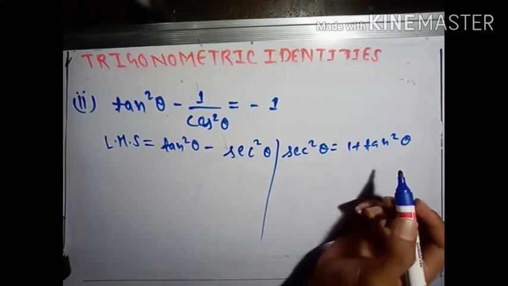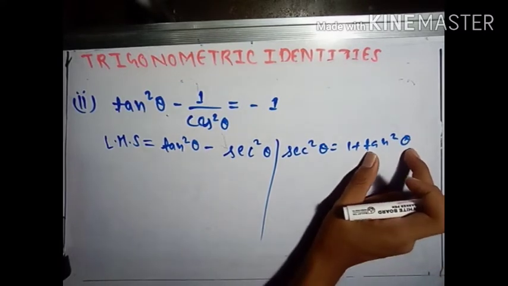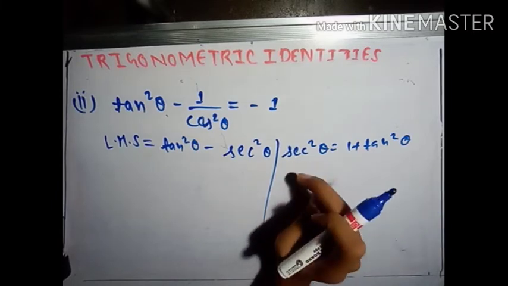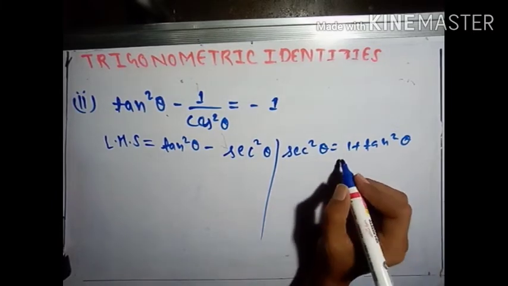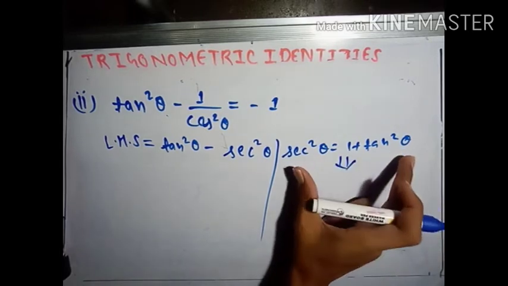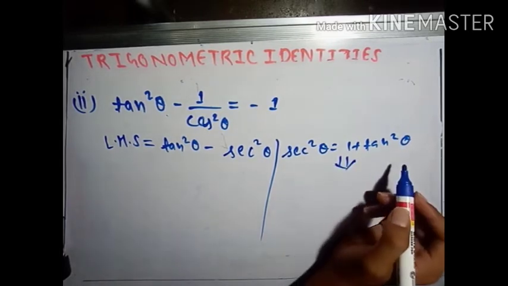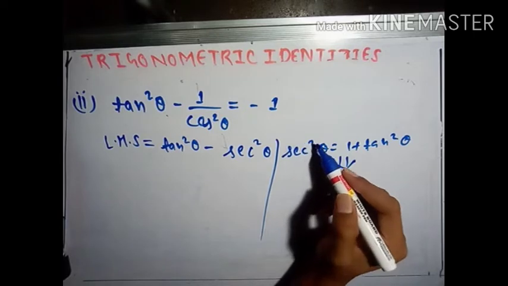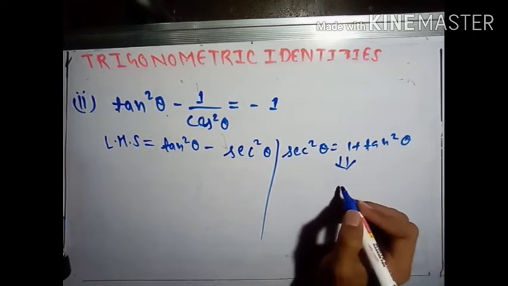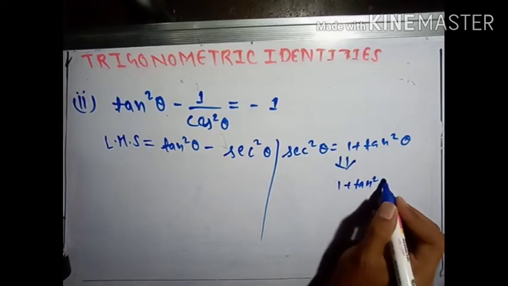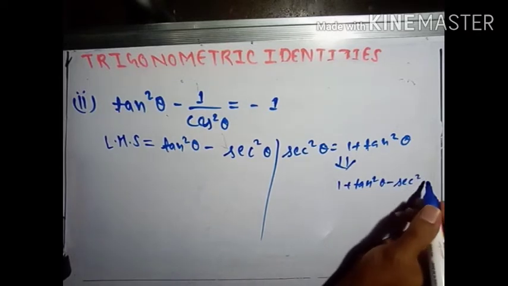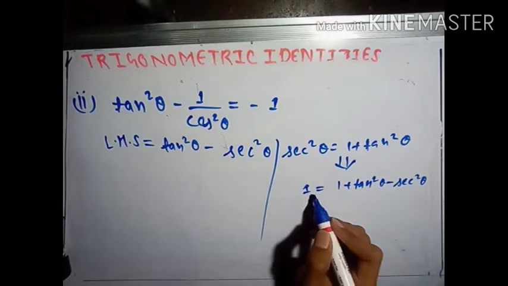Yes, exactly. And look, tan square theta minus sec square theta, you have to obtain this value. So let us see how to obtain this value from this identity. First of all, we'll bring the sec square theta to this side, so it becomes 1 plus tan square theta minus sec square theta is equal to 0.